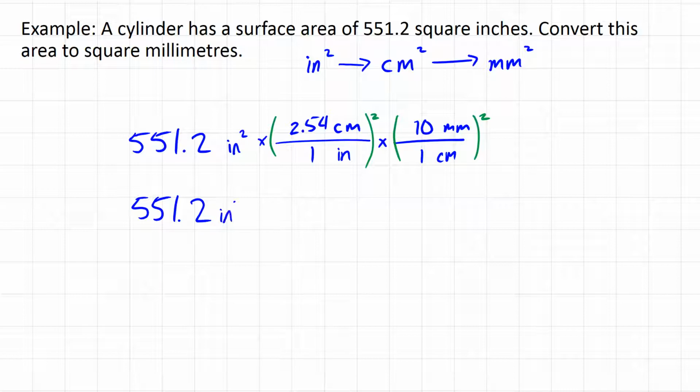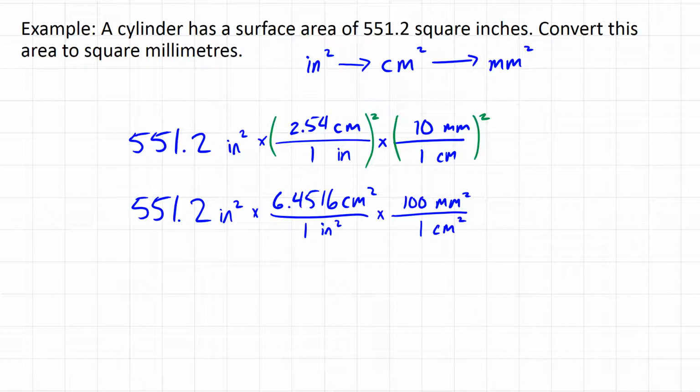So that's 551.2 square inches times 2.54 squared, which is 6.4516 square centimeters per 1 square inch, times 10 squared, which is 100 square millimeters for every 1 square centimeter.